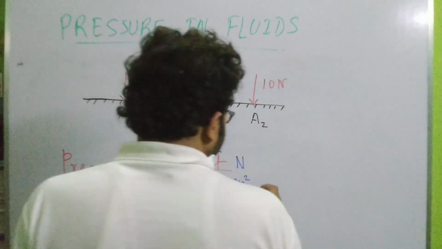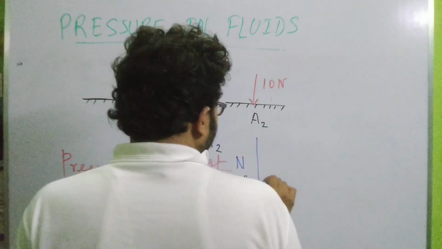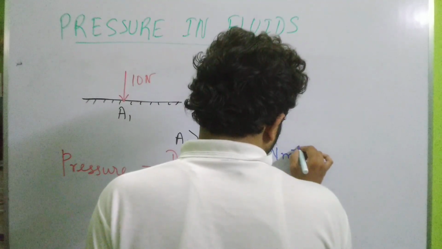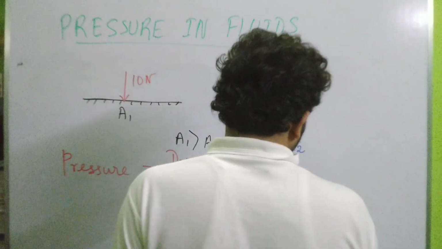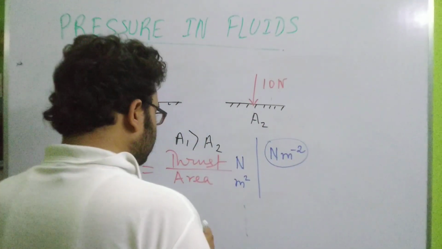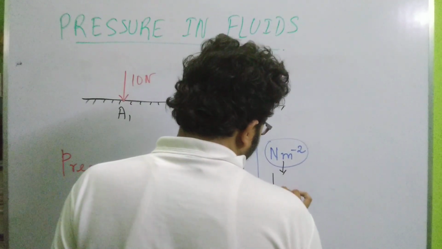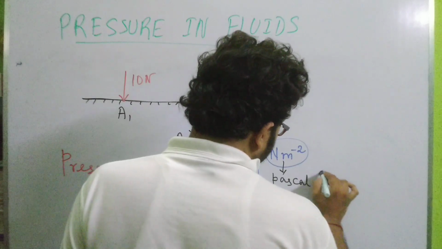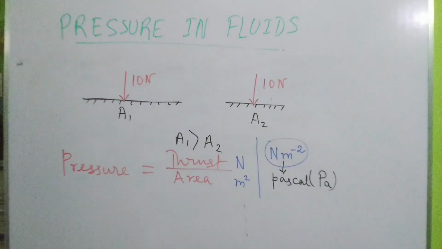So the SI unit of pressure is Newton per meter square, N m to the minus 2, and this unit is in short regarded as Pascal, written as capital P small a, Pa. This is the SI unit of pressure.